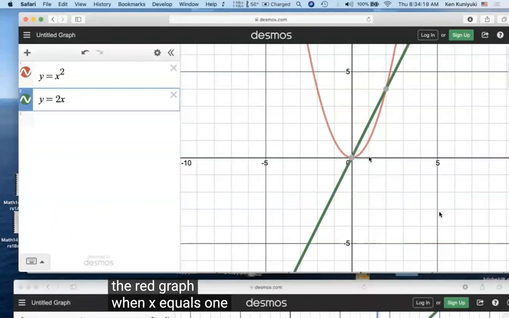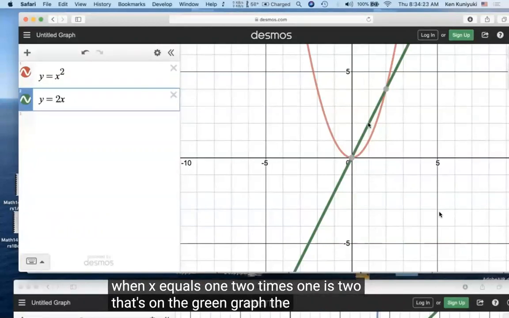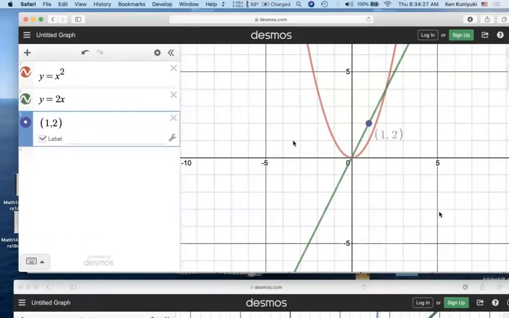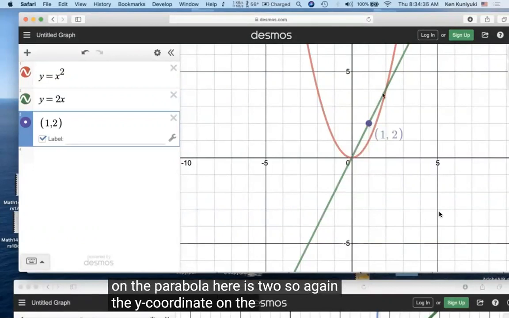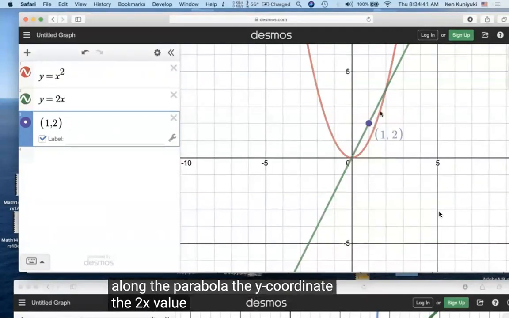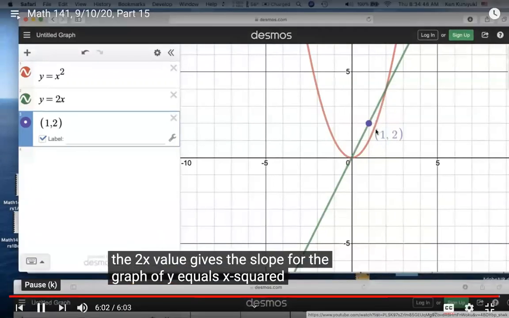When x equals 1, 2 times 1 is 2. That's on the green graph. The point (1, 2) is on the green graph. The slope of the tangent line at x equals 1 on the parabola here is 2. So again, the y-coordinate on the green graph gives the slope along the parabola. The y-coordinate, the 2x value, gives the slope for the graph of y equals x squared.